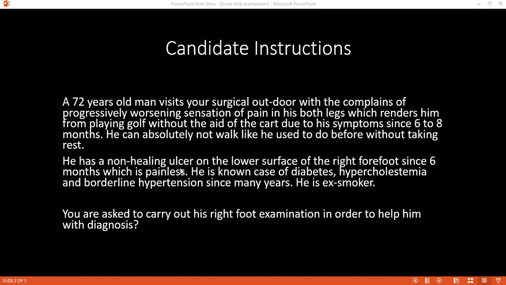Usually the ulcer will be at the tip of the toes; that's where arterial ulcers usually are. For venous ulcer, the patient may have varicose veins, and the ulcer is usually on the medial lower part of the leg, ma.